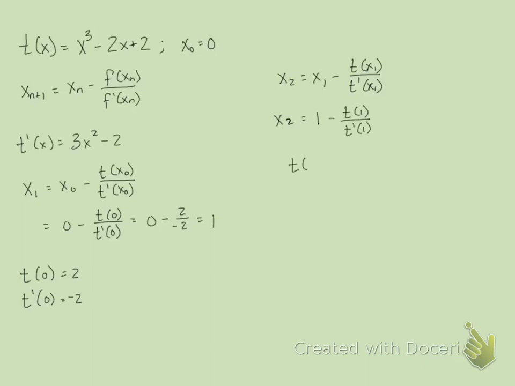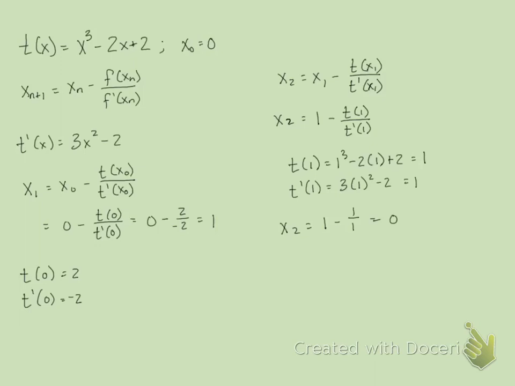Well, t of 1 equals 1 cubed minus 2 times 1 plus 2, which will be 1. And t prime of 1 is 3 times 1 squared minus 2, which is also 1. So x sub 2 is going to be 1 minus 1 over 1, which is 1 minus 1, or 0.